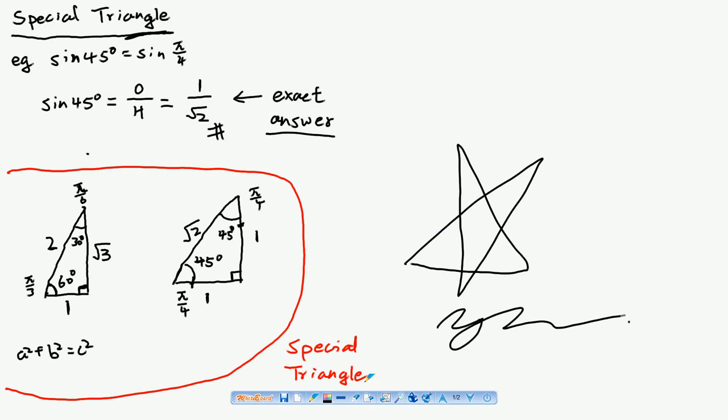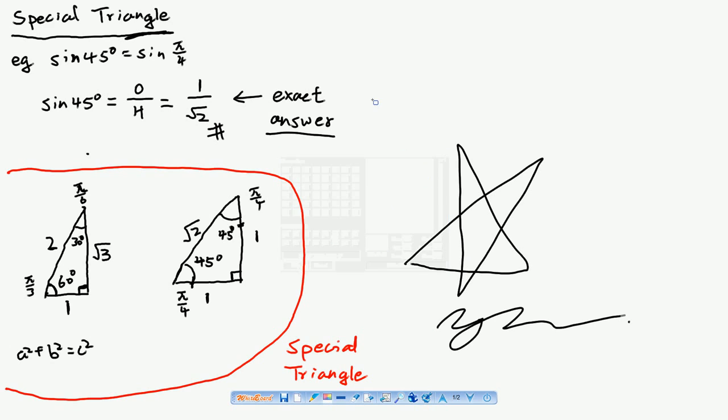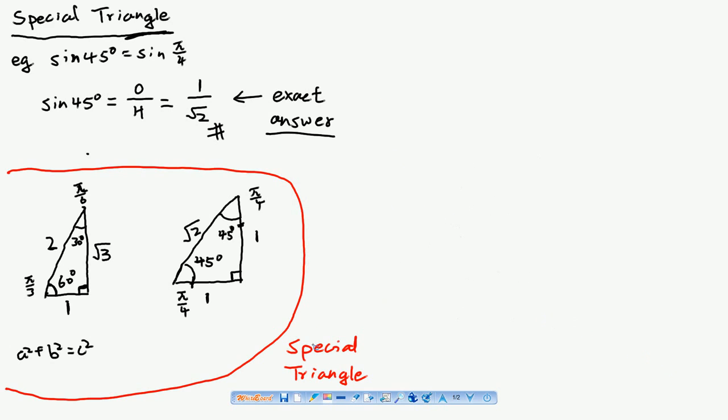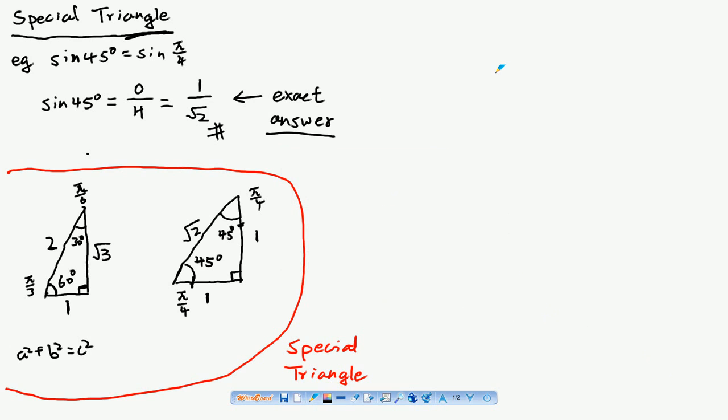Similarly, let's do another example. Let me delete this. Let's say I have to solve cos 30 degrees.